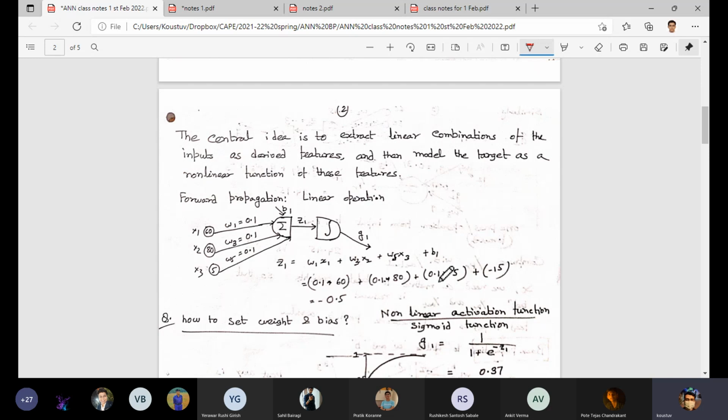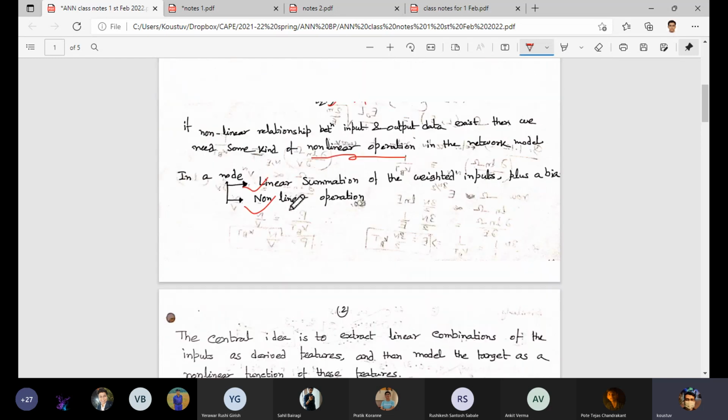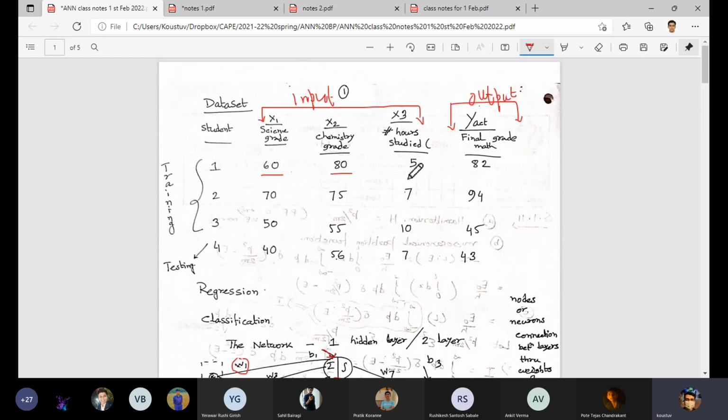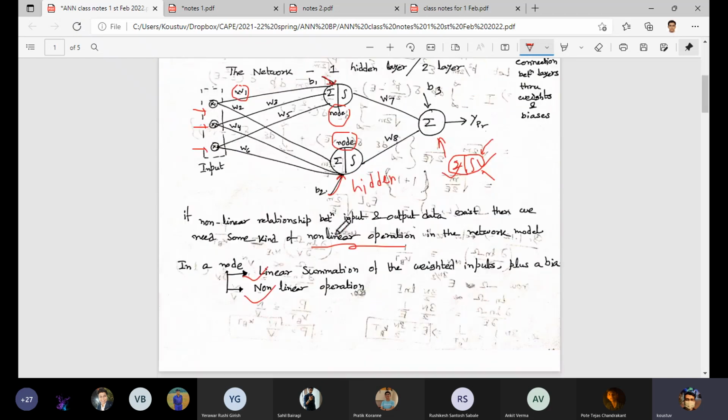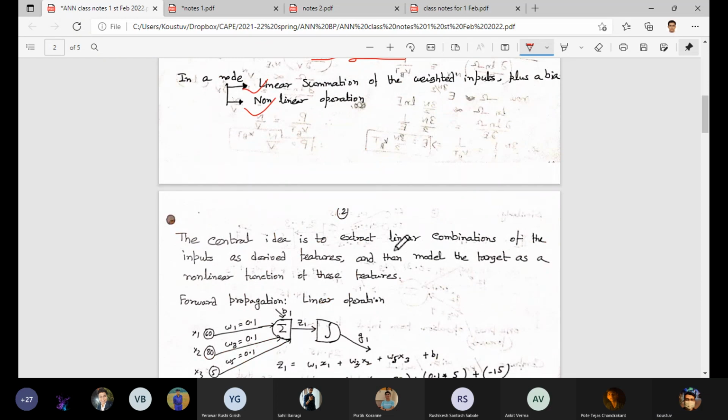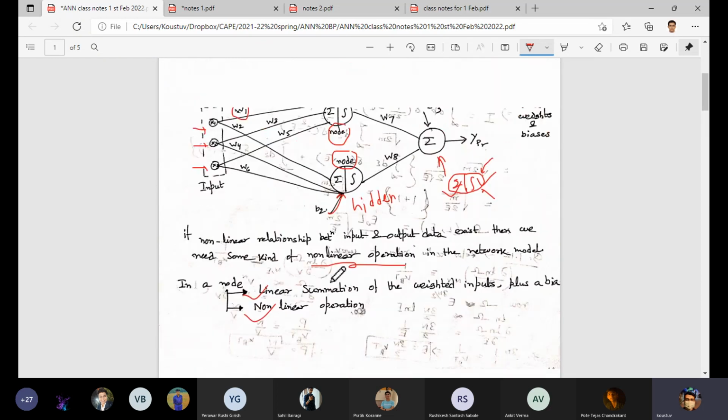Basically the central idea is to extract linear combinations of the inputs as derived features, and then model the target as a nonlinear function of these features. That means we have our input data, these numbers, and we are combining them and creating another feature.